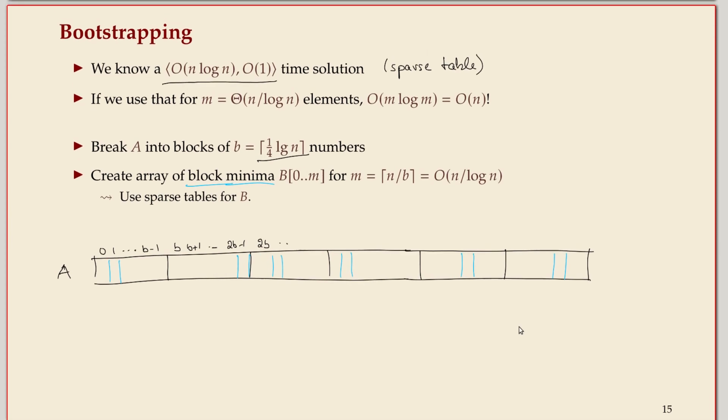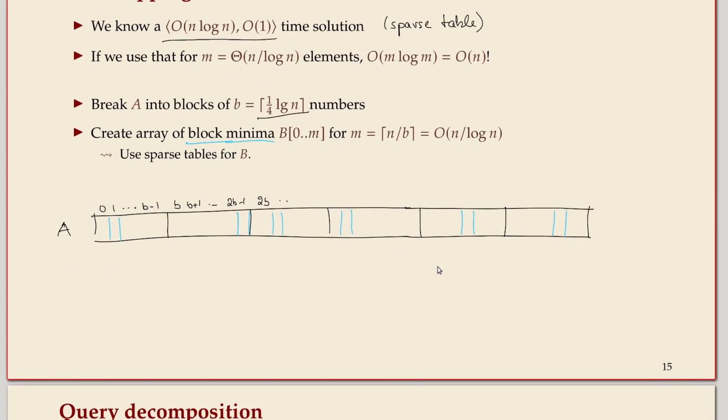Now I can take these and copy them out into a much smaller array. And that's what B does. So B is just take these 1, 3, 6. Who can't count to 6?